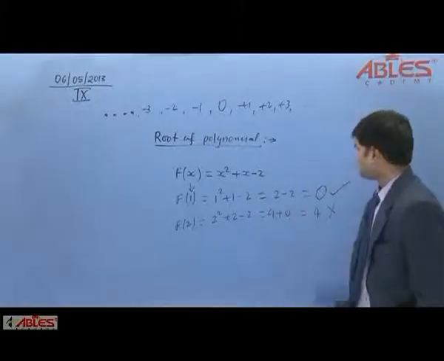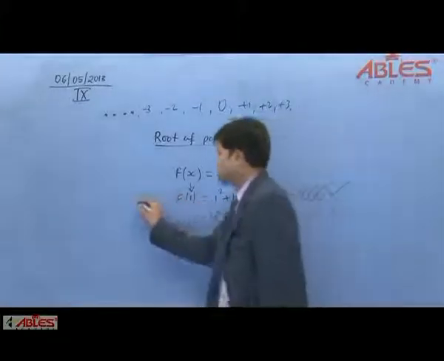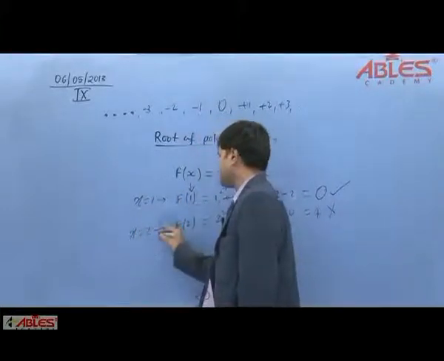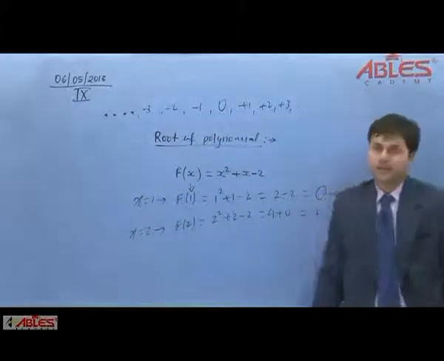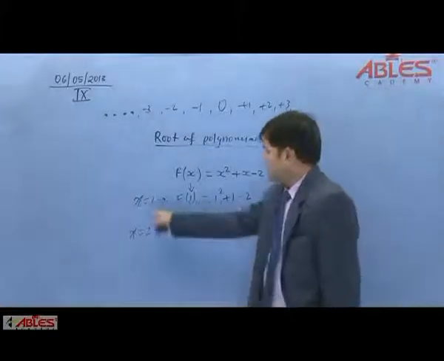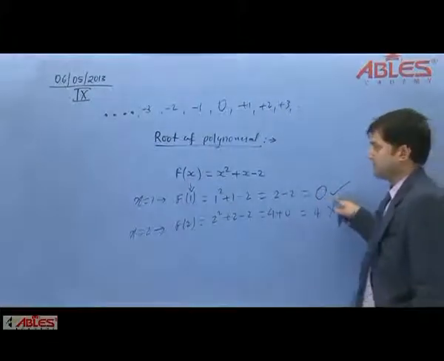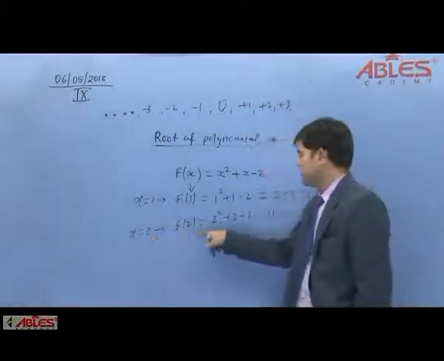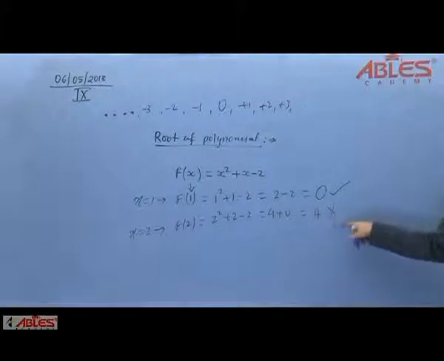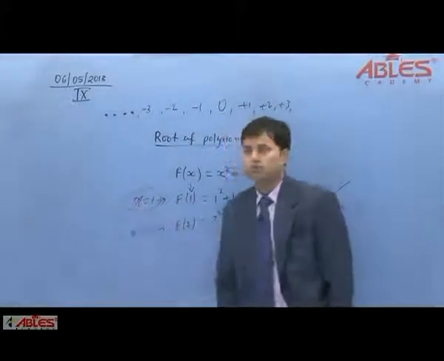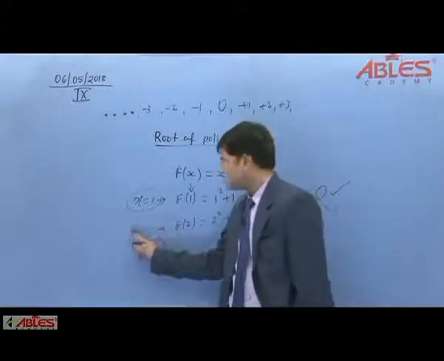So this time we are putting two values here, x equals 1 and x equals 2. Students, can you answer me? Putting x equals 1 we get output 0, and putting x equals 2 in this polynomial we get a non-zero output. So we have to decide whether x equals 1 is the root of the polynomial or x equals 2 is the root.